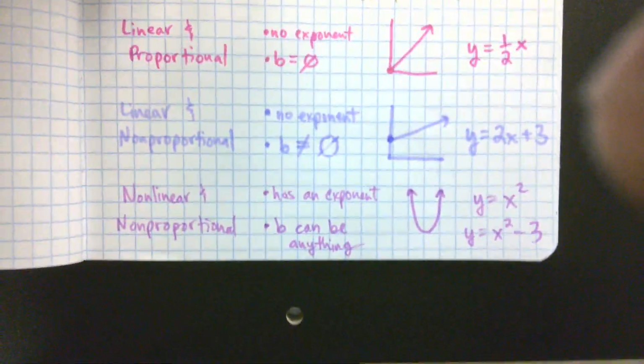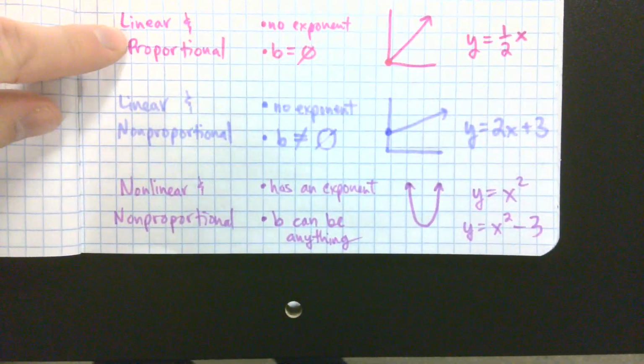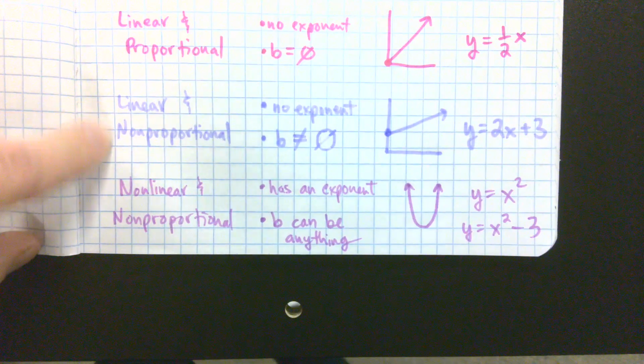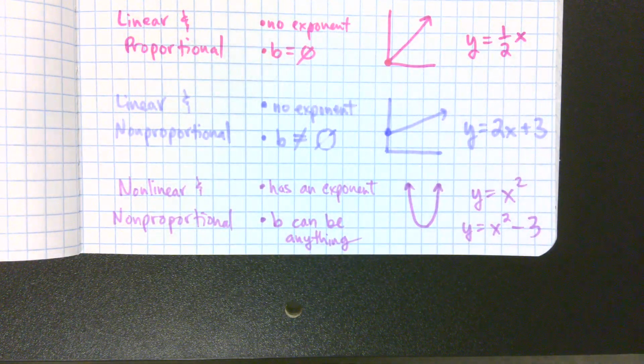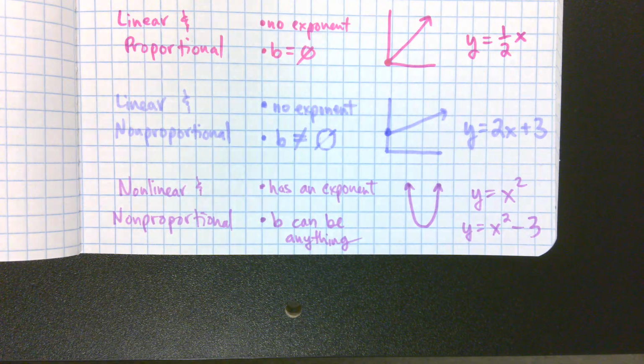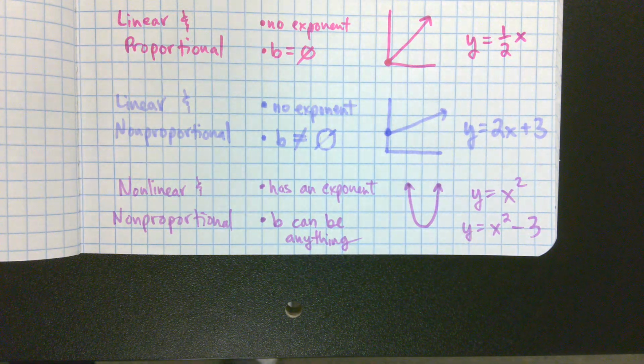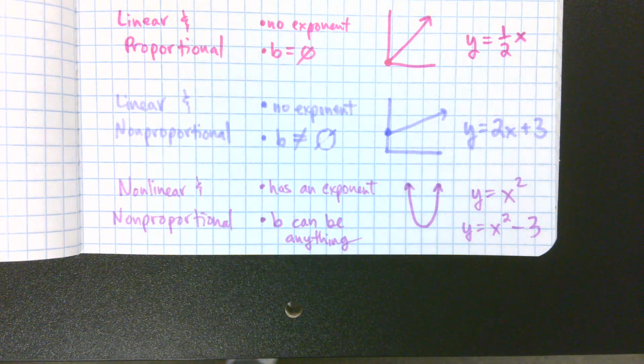So notice how the three options are linear proportional, linear non-proportional, non-linear and non-proportional. What option is not up there? What combination of those terms is not up there? Anyone see it?